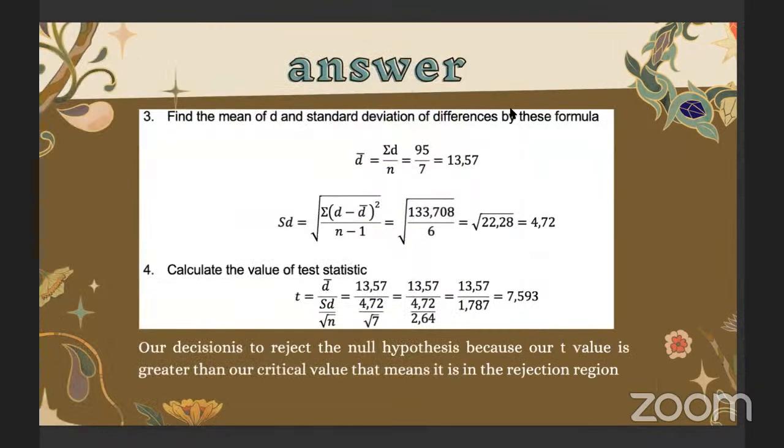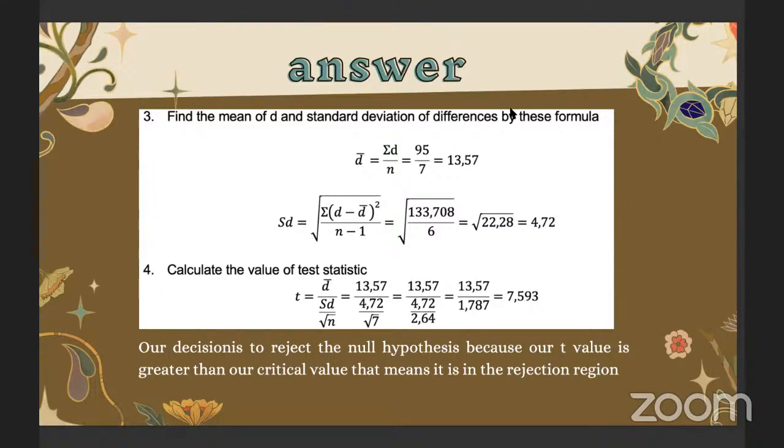So the mean of difference becomes 13.57, and then the standard deviation is the square root of 22.28, which equals 4.72.